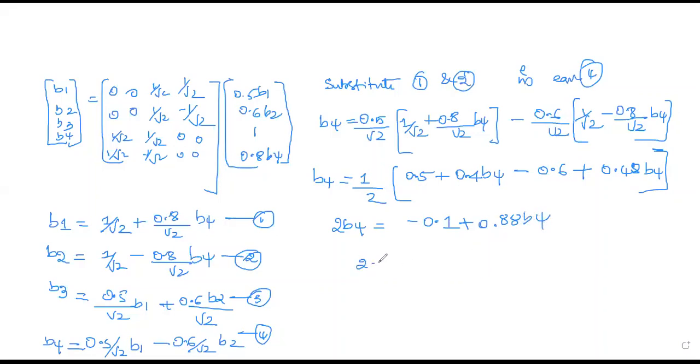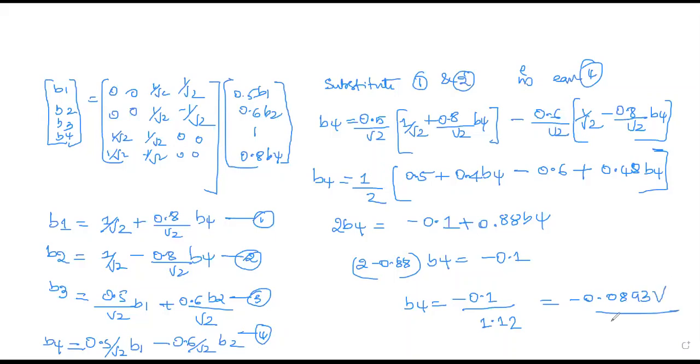Bring it together. 2 minus 0.88 into B4 is equal to minus 0.1. So B4 value will be minus 0.1 divided by 2 minus 0.88, which is 1.12. So you'll get B4 as minus 0.0893. Check the value, whether you're getting it properly, the same value.